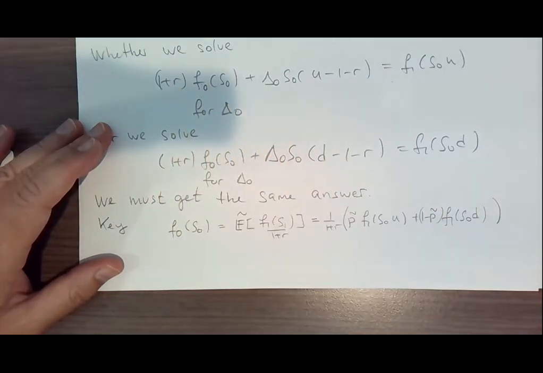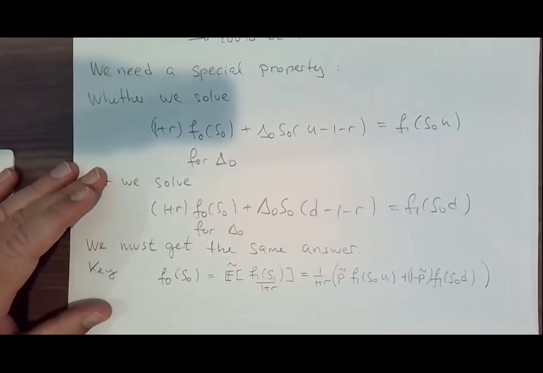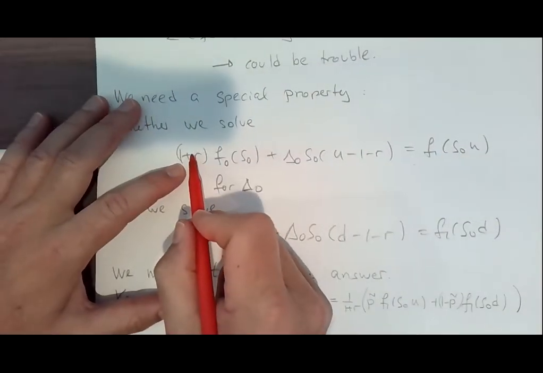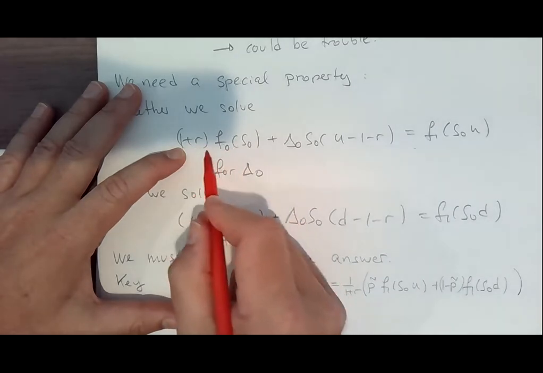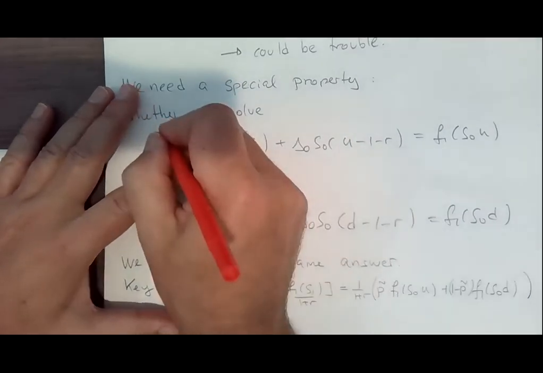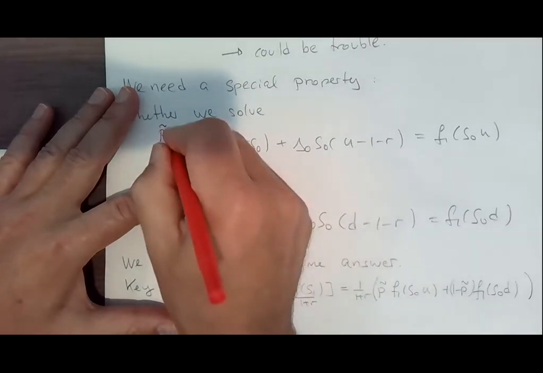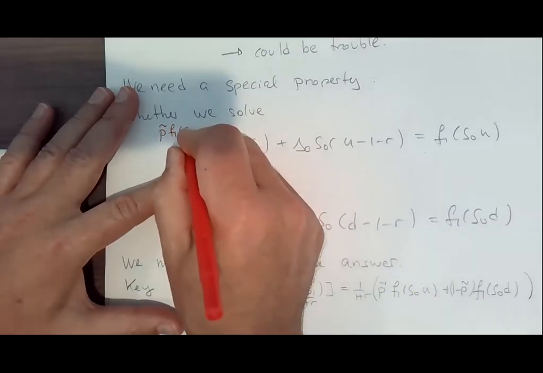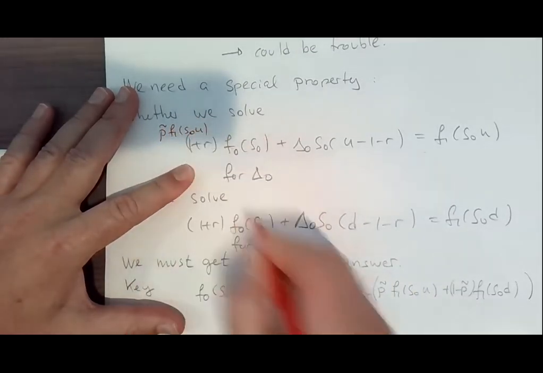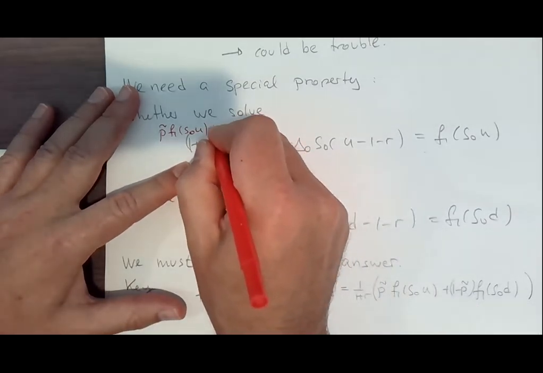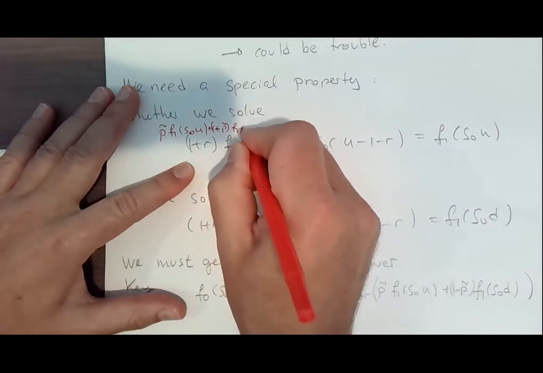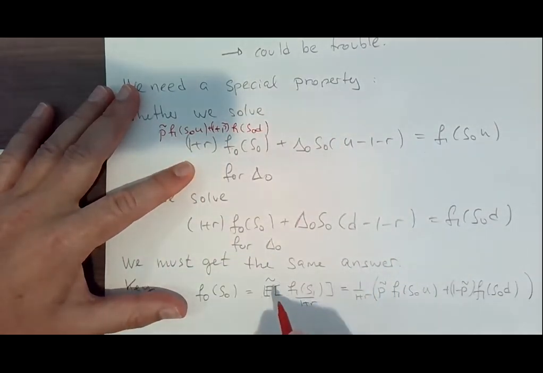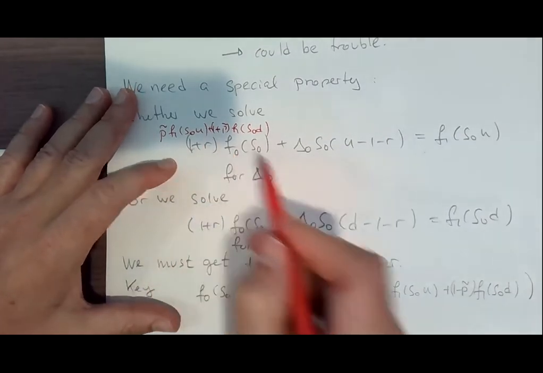And so what would it be? I take this stuff, I plug them in here. What would it be? So it'll be 1 plus R goes over there. So that's the same thing as here. So I need the stuff inside the parentheses. Here I need P tilde times F1 S0 U plus 1 minus P tilde times F1 S0 D. That's that term, and the same thing down here.